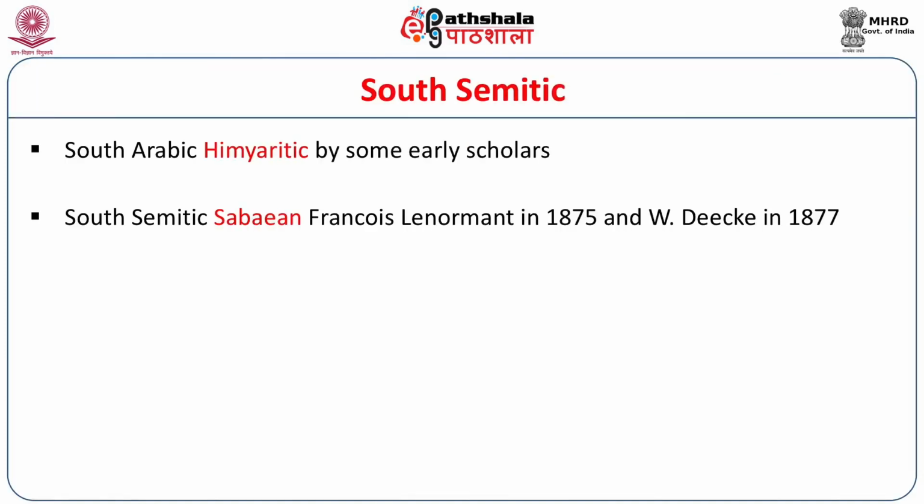If we detail now the South Semitic origin of Brahmi, some early scholars suggested that the South Arabic Himyaritic script was responsible for the origin of Brahmi. But of course, they could not offer a systematic pattern of derivation for this.